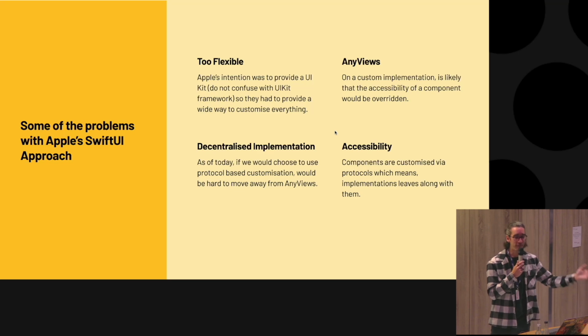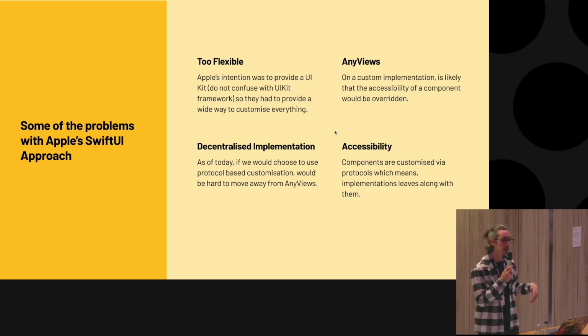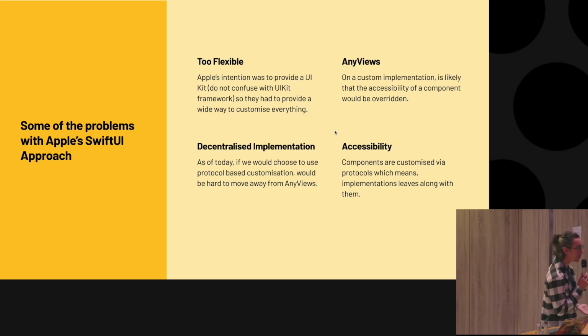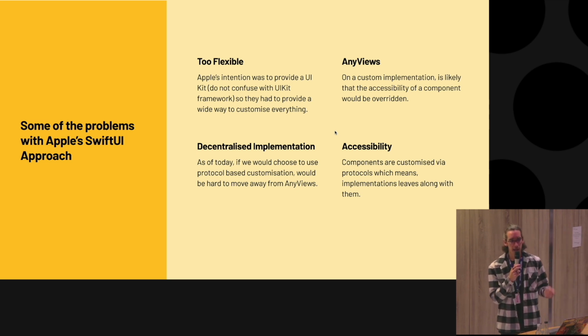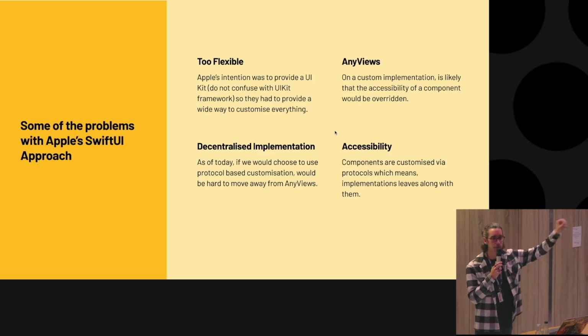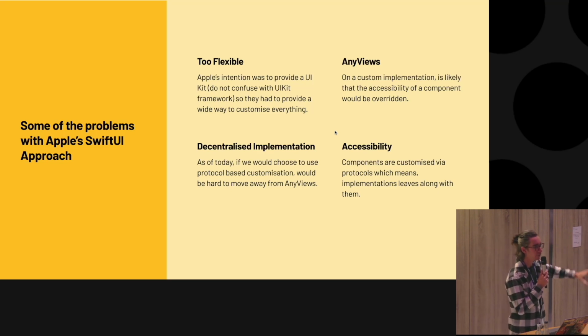That's a big debate, and the community says AnyViews do not have performance issues, but try having a list with 500 items, where every single component is a design system component erasing to AnyView and losing its identity. It becomes a bottleneck. For small components that's fine, but the reality is it doesn't scale very well.